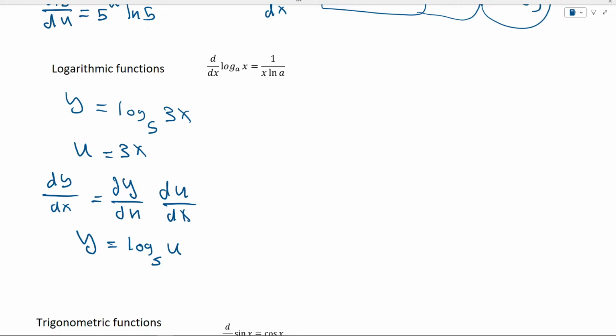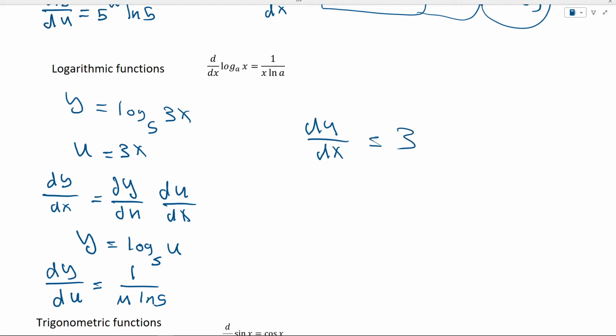So dy by du would be equal to 1 over u ln 5, where x would be u. That would be this guy here. And then du over dx is equal to 3, because u is equal to 3x.